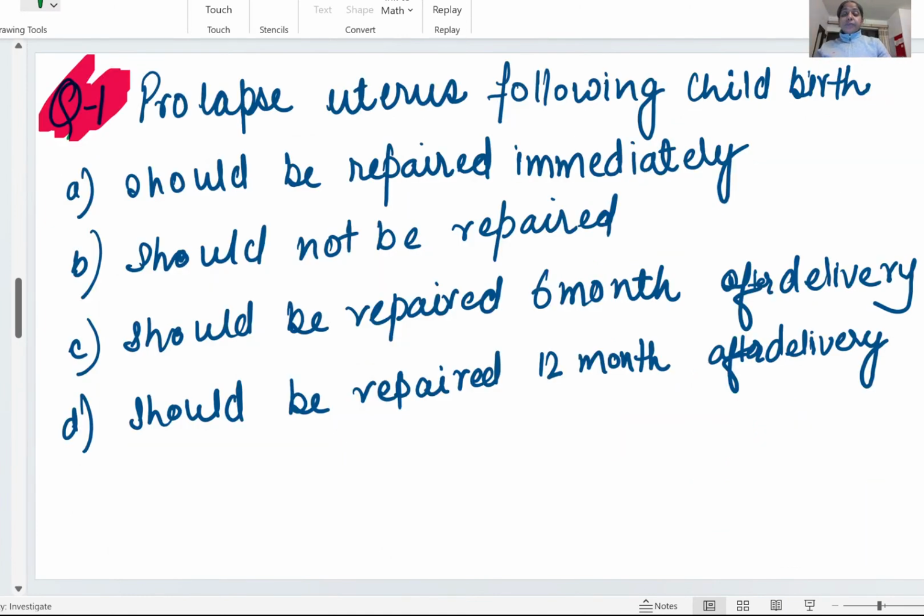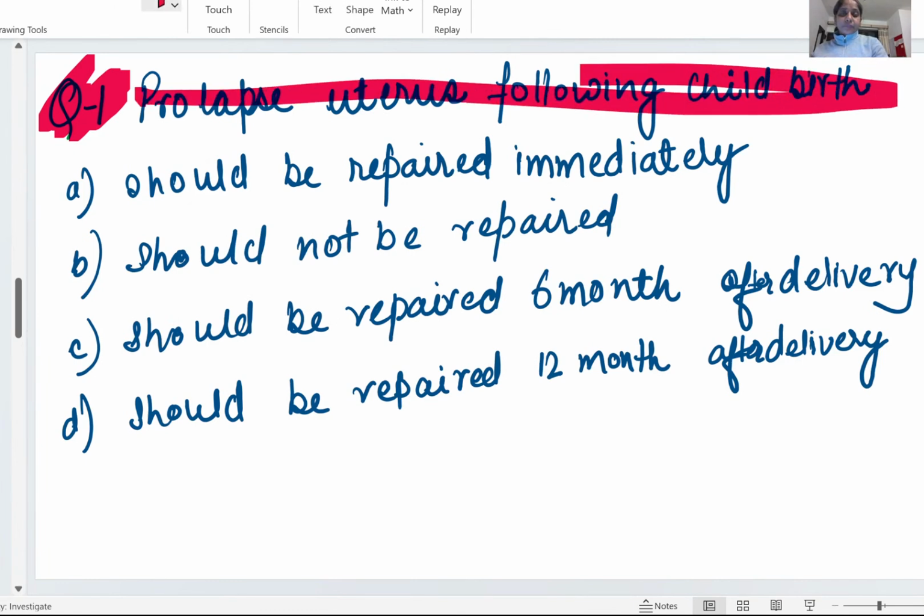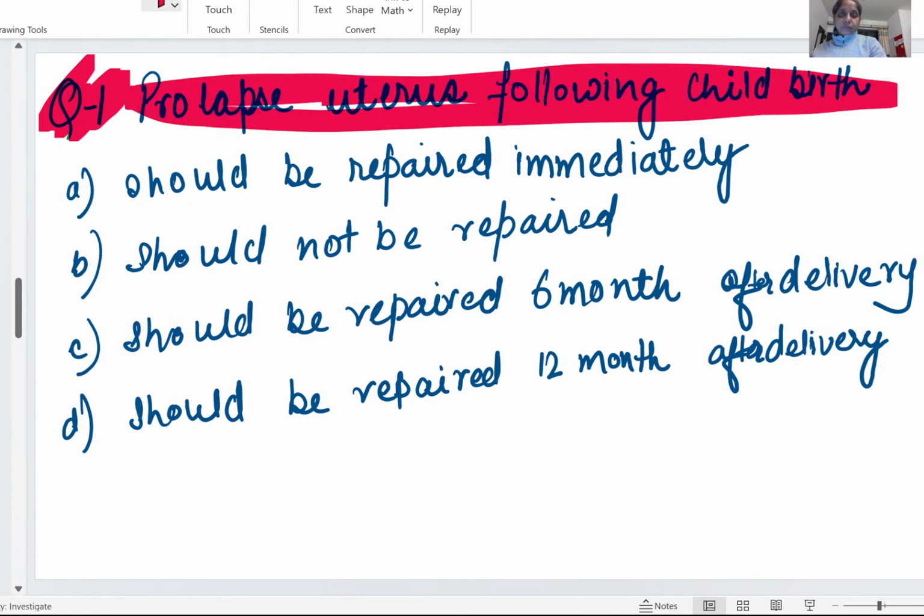Options: should be repaired immediately, should not be repaired, should be repaired 6 months after delivery, or should be repaired after 12 months of delivery.